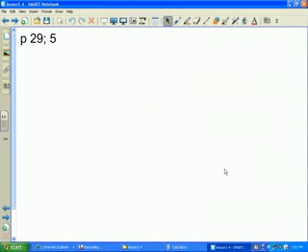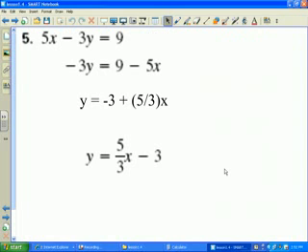So on page 29, if you try number 5, pause this presentation, take a moment and try number 5. So in this case, I'm asked to solve the original equation 5x minus 3y equals 9. Solve that equation for the variable y. So I want to isolate the variable y on one side of the equation.